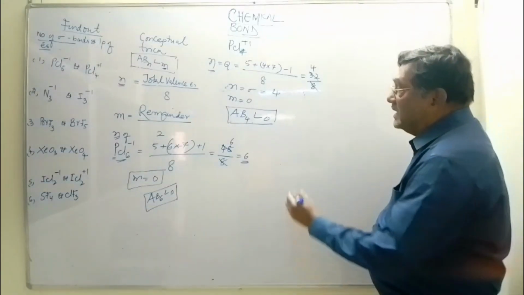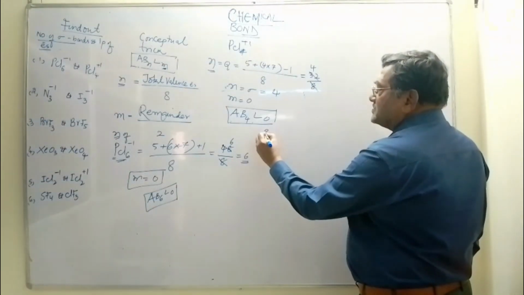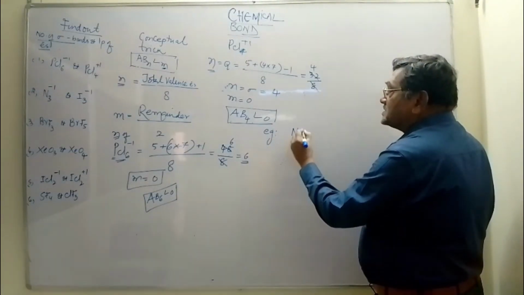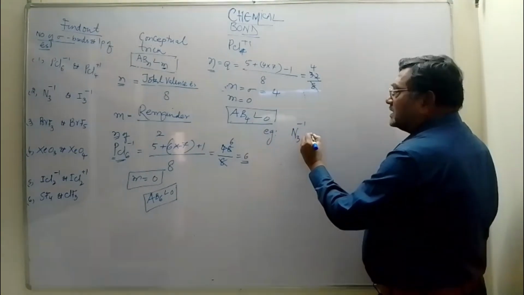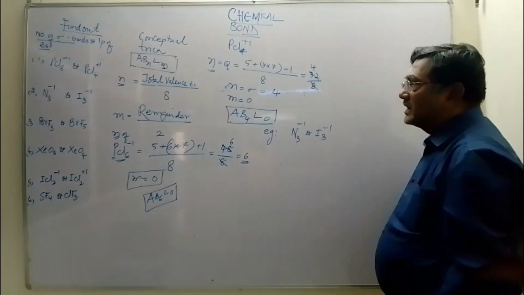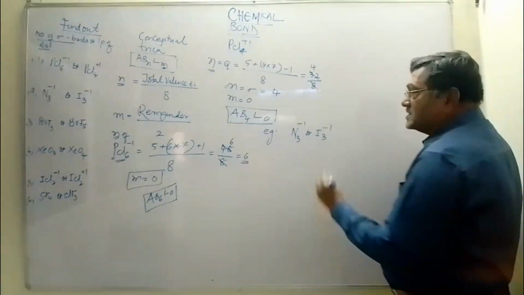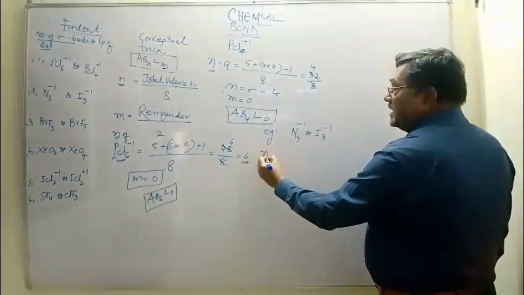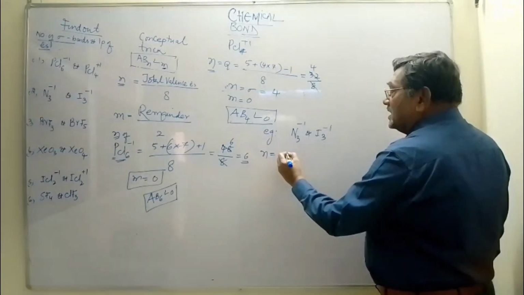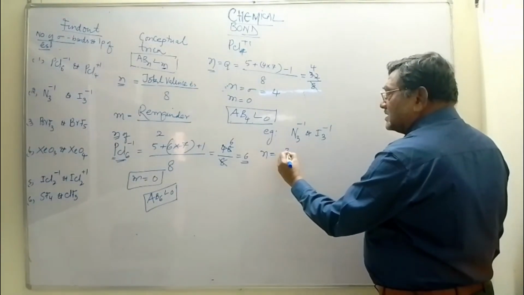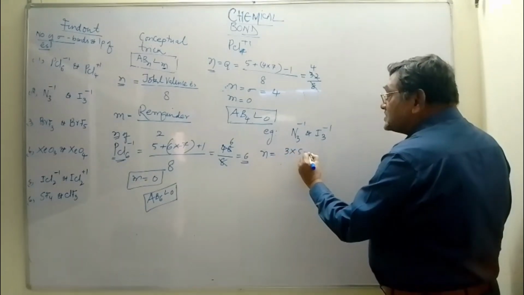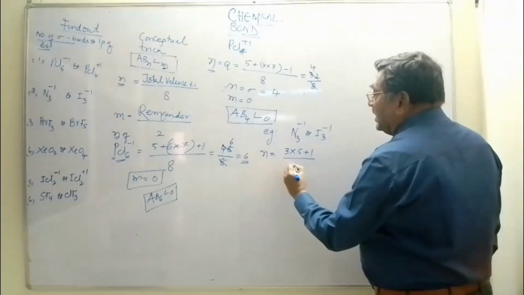Got it? The next example is a bit tougher. Predicting the shape we will do later in the tricky concept. N3 minus 1. Coming to the number of sigma bonds, how many nitrogen atoms are there? 3. So 3 into 5 plus 1, then divided by 8.